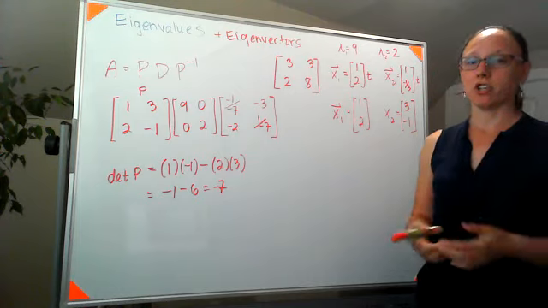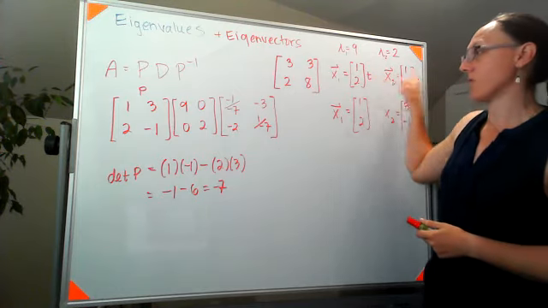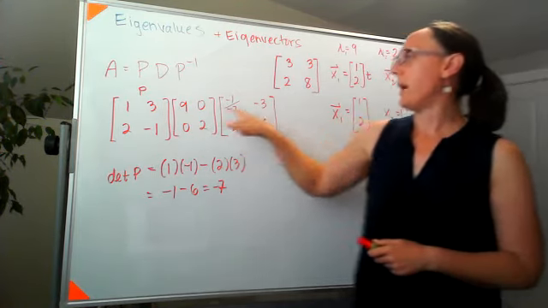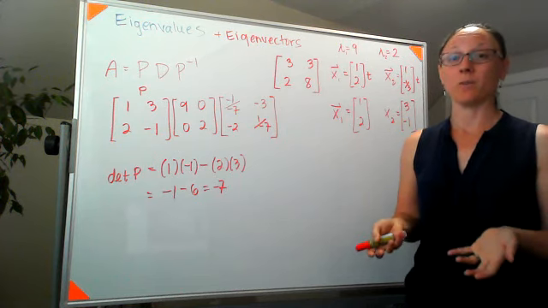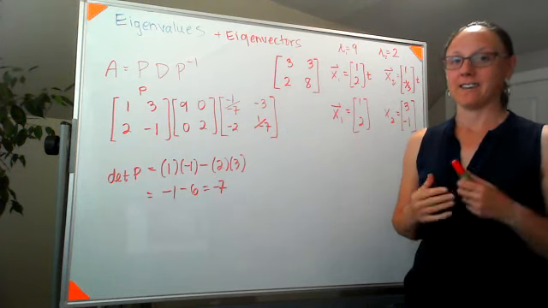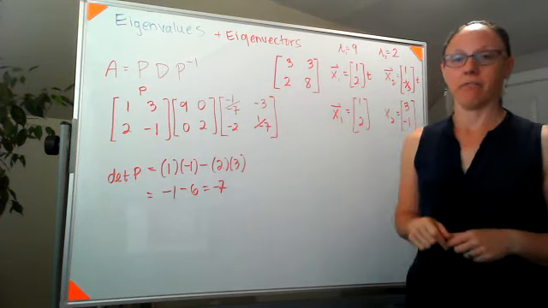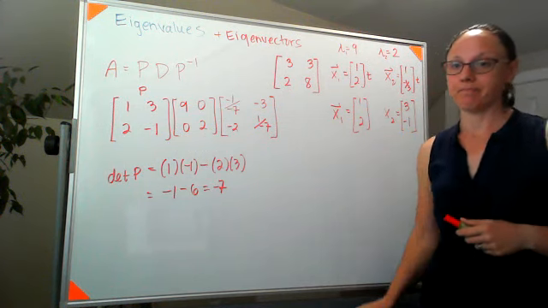So if you had chosen to plug in different numbers for t, your P and P inverse would be different matrices, but it's okay. It would still be a correct answer as long as you chose eigenvectors of the original matrix.